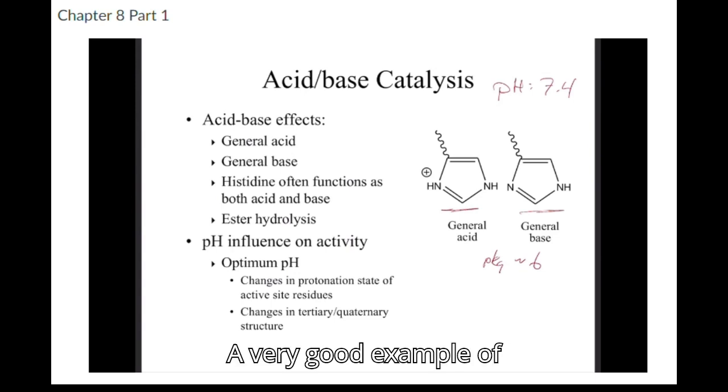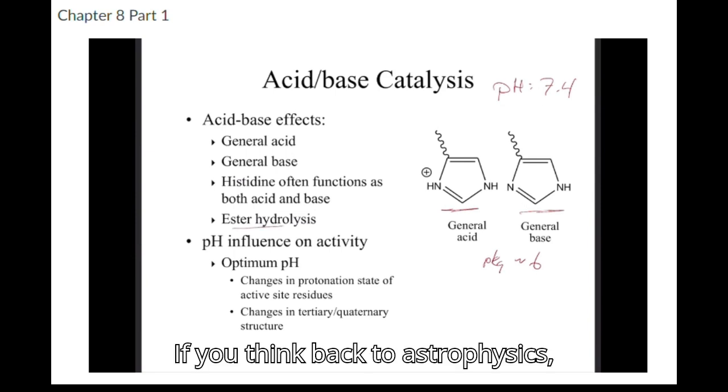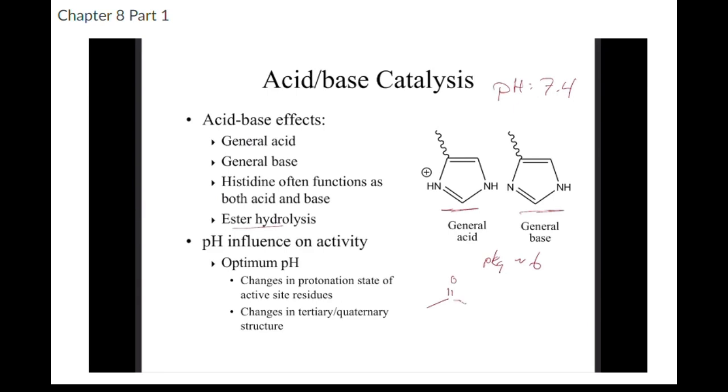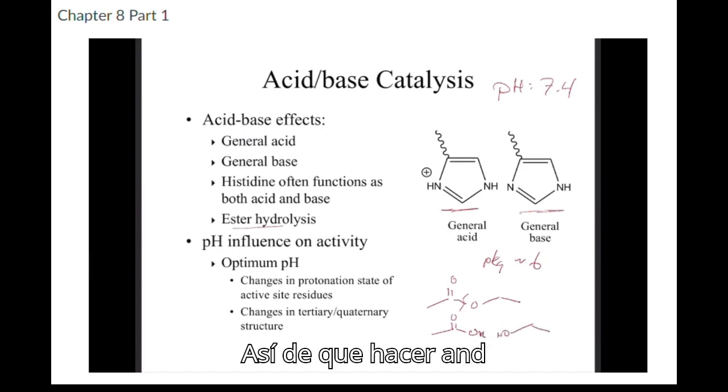A very good example of histidine in an acid-base catalysis is in ester hydrolysis. If you think back to ester hydrolysis, which was the general reaction, here this is ethyl acetate, we're essentially adding water across this bond, and we're going to end up with acetic acid and ethanol from this. This can be done in two different manners.